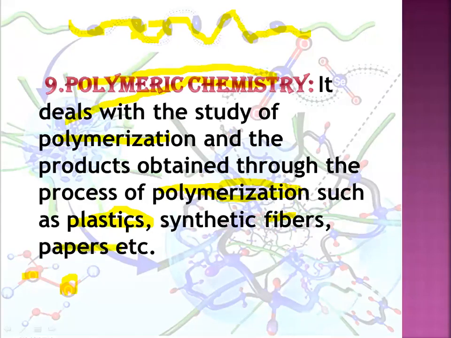If you want to make plastic, what type of monomers will you require, and how will it become plastic? If you want to study this, you will study polymeric chemistry.